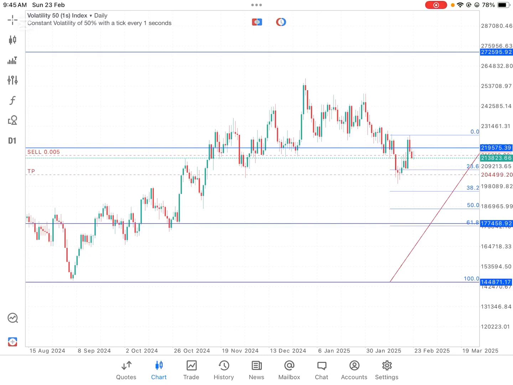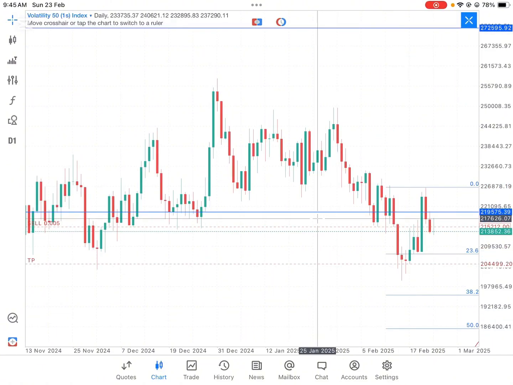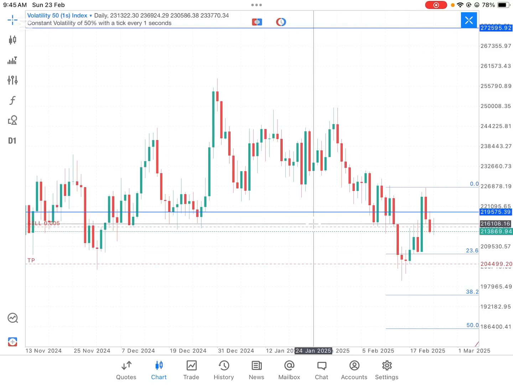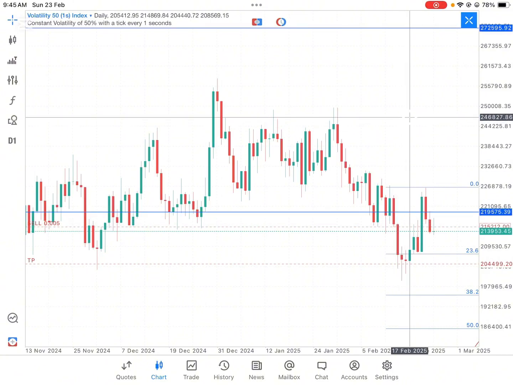But on the other hand, you could see that market price has broken down this area, this level. This is actually a low here. This low here could have called for buys, but then what happened?